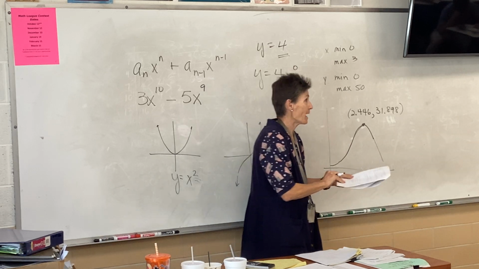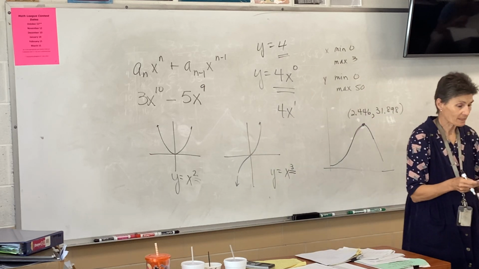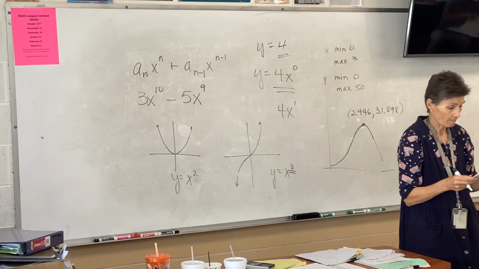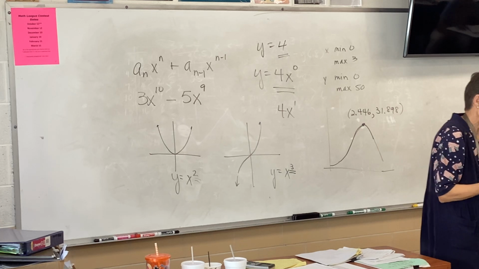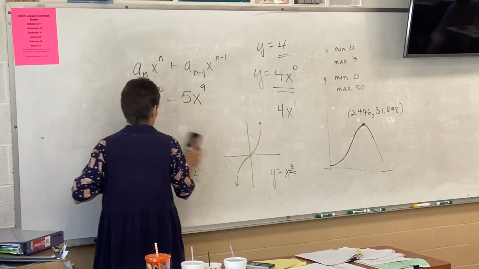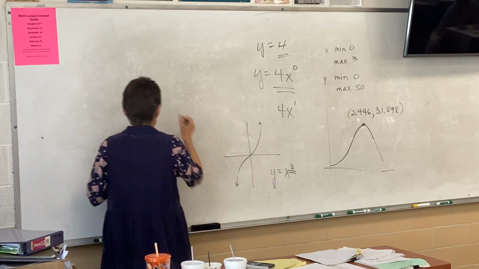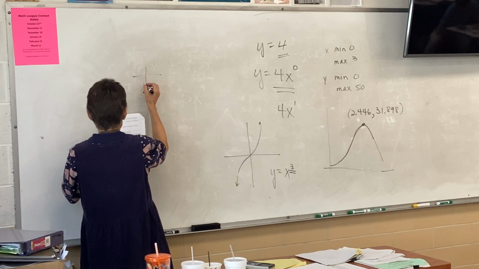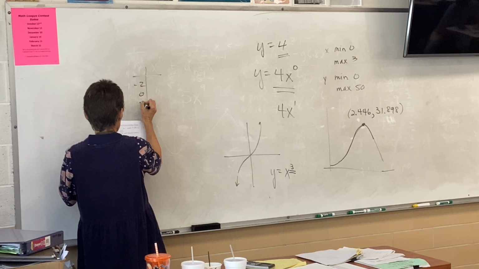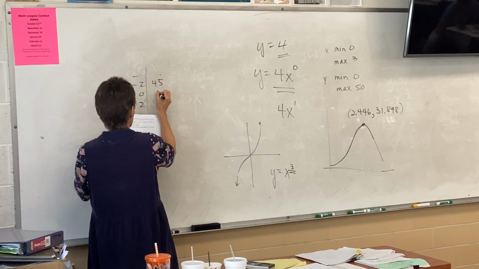All right, let's look at the back of the inventory stock values. Let's look at the back side. We have already talked about this, but I want to make sure we're all clear on it. So here are my input values, and here are my outputs.